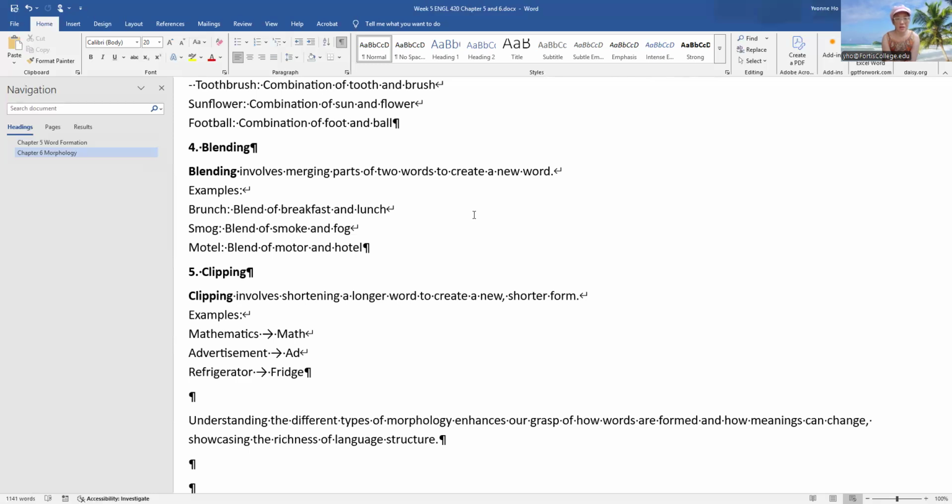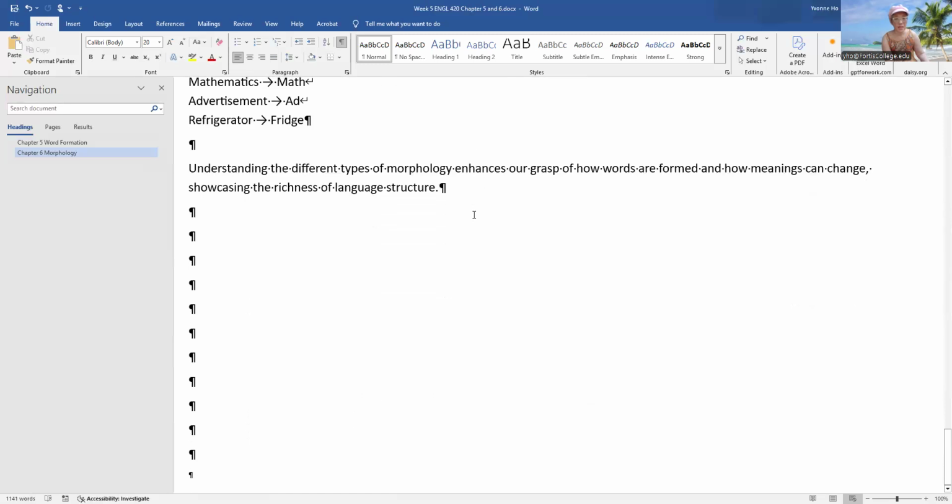When you try to make it easier for people, instead of saying Samantha, you say Sam. Instead of saying Elizabeth, you say Liz. That is clipping. So understanding the different types of morphology enhances our grasp of how words are formed and how meanings can change, showcasing the richness of language structure.